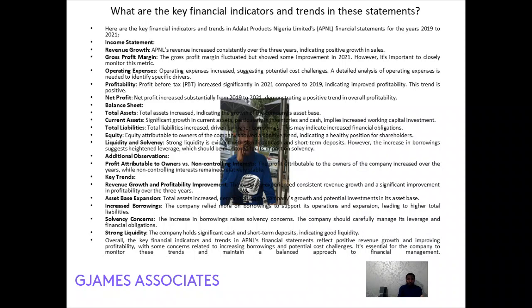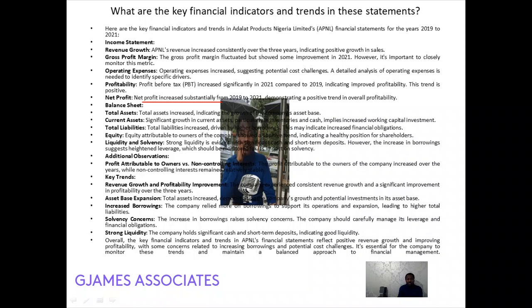Some of the key indicators: now we have the revenue growth. It was increasing. We have profitability as an indicator. We have net profit increasing substantially.